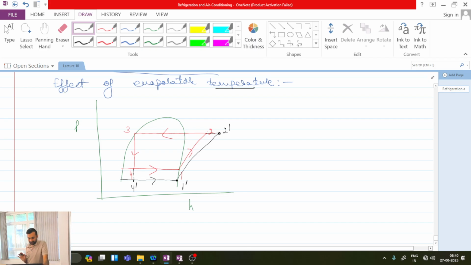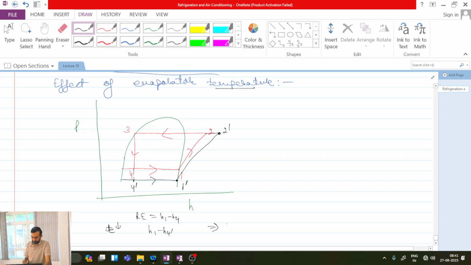One important thing you can observe here: earlier your refrigeration effect was H1 minus H4. But when you decreased the evaporator temperature, the refrigeration effect has become H1 dash minus H4 dash.